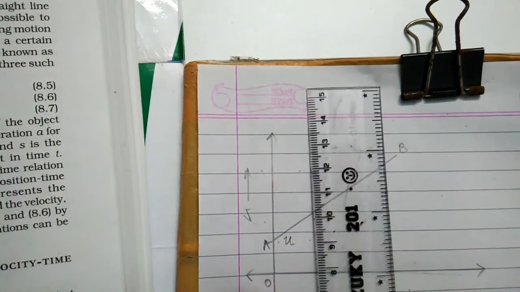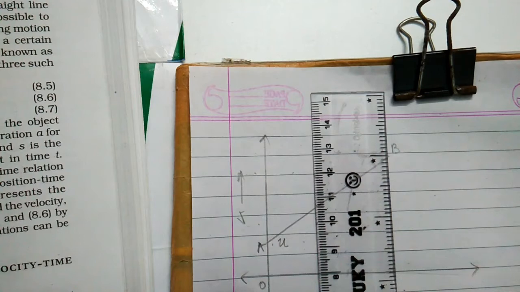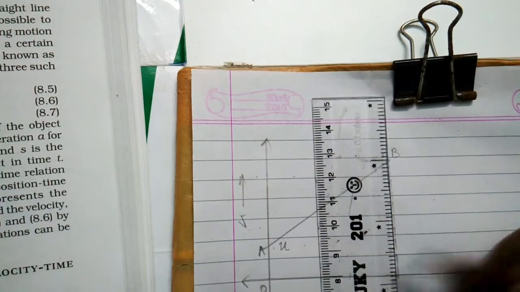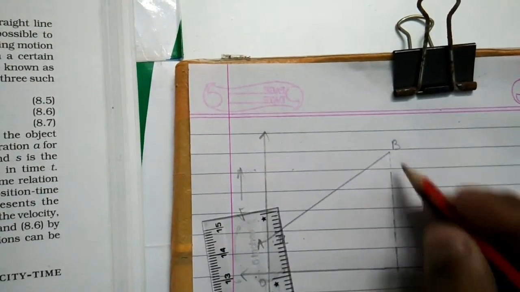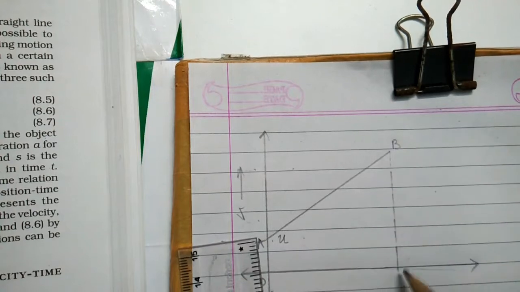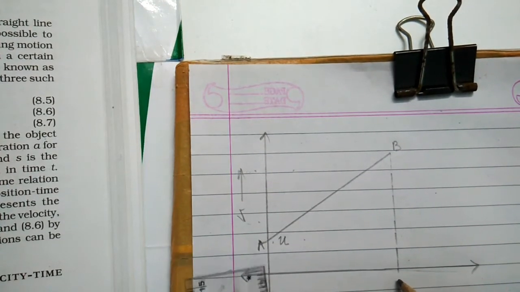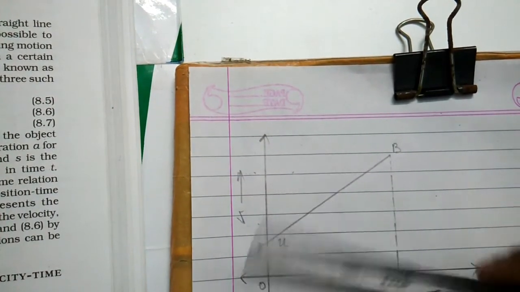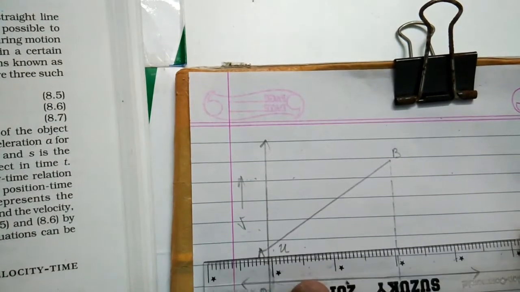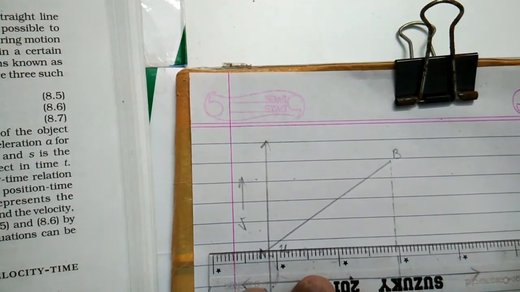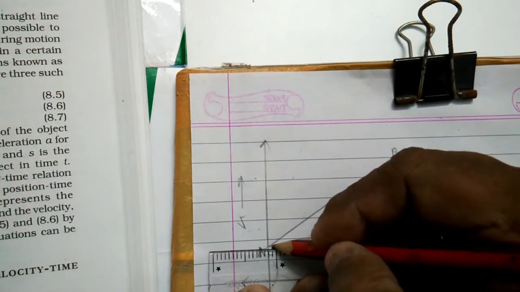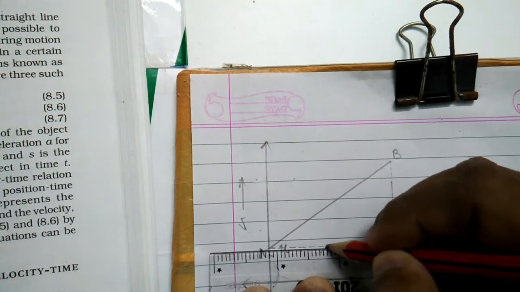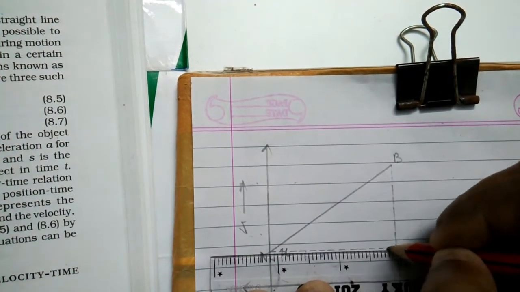Now, we draw a perpendicular from B to the x-axis. Suppose this is C. Here we draw a perpendicular from A to BC.